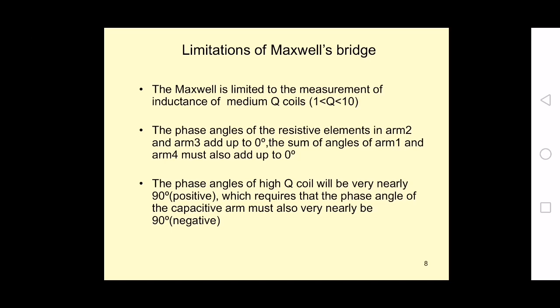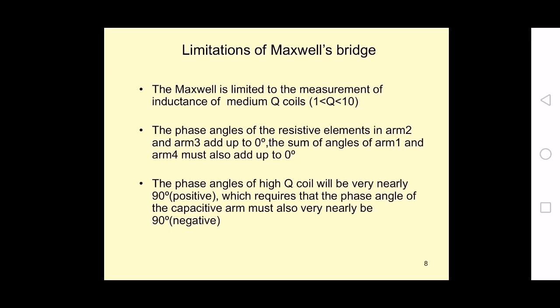As we have seen, the voltage drop from A to C should be 0, meaning the voltage drop from B to A equals the voltage drop from B to C in both magnitude and phase.